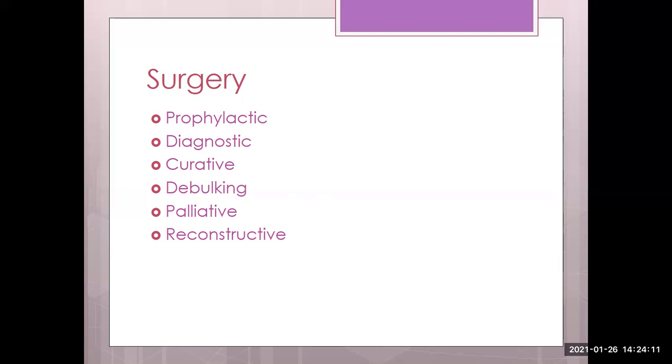Because of that, they're having a lot of GI related symptoms, a lot of obstructions, abdominal pain. If they can go in and debulk and remove part of that tumor, it would help decrease their symptoms, maybe decrease the likelihood of an obstruction. So it would be a palliative procedure.